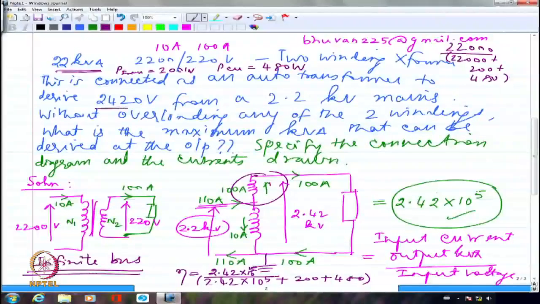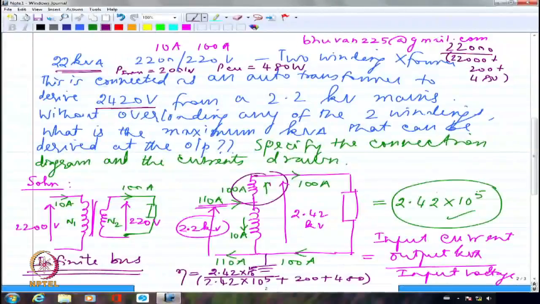This can happen only if I add both the voltages. So this is a series addition connection. You could also have wanted only 2000 volts or less from 2200 volts, in which case you could have just taken it from the tap itself.